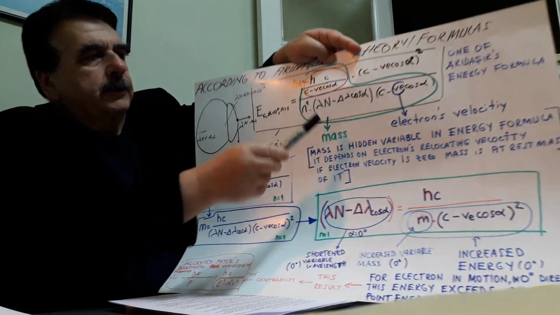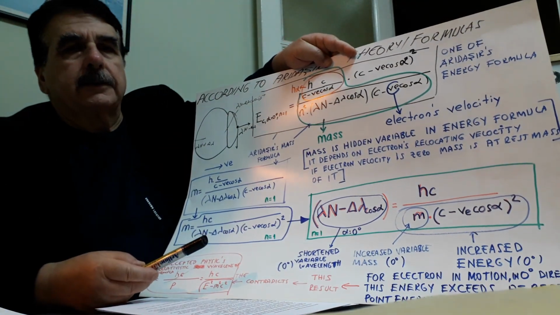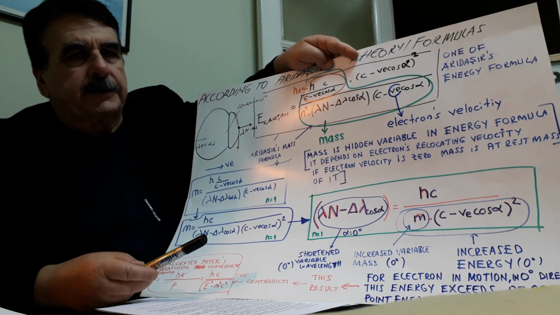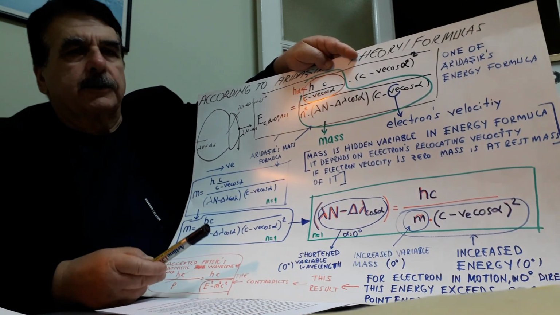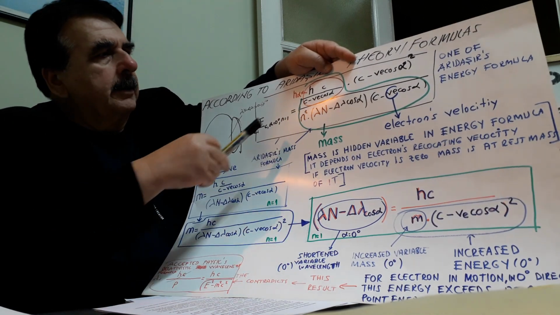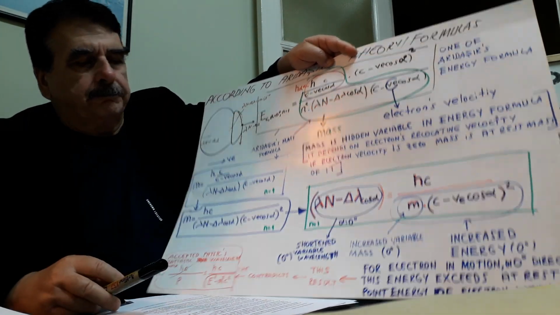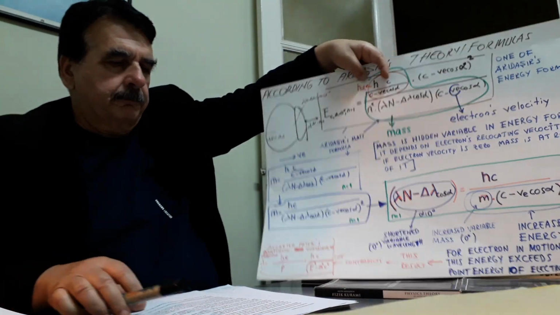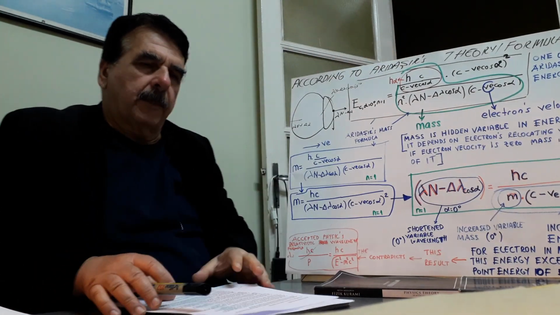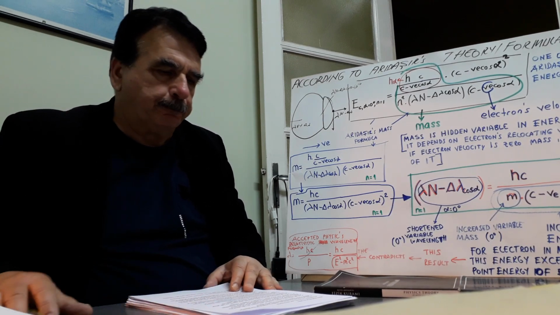If electron motion form's velocity is zero, Planck's constant angular momentum is constant, but when electron motion form is in motion, relocating, Planck's constant is variable. I advise you to watch my former videos if you want.